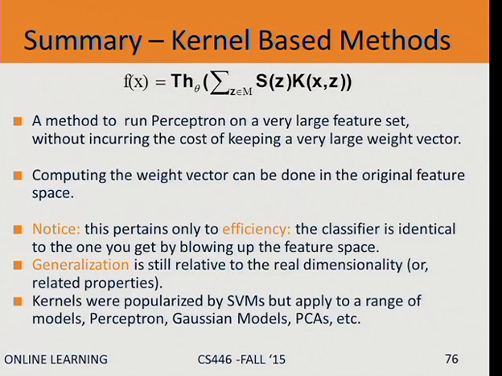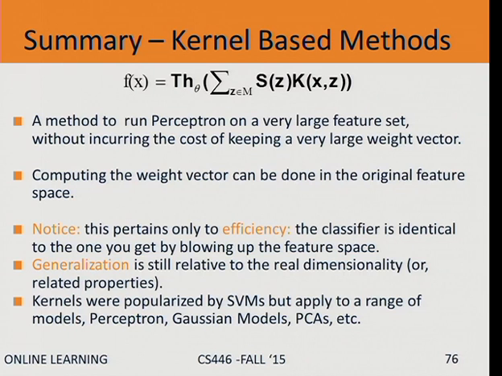Okay, so let's summarize. What have we done? We have rewritten f of x, the linear separator, instead of as a function of weights, a dot product in the weight space, as a dot product in the example space. That's what we've done.